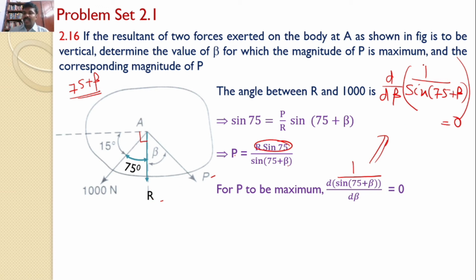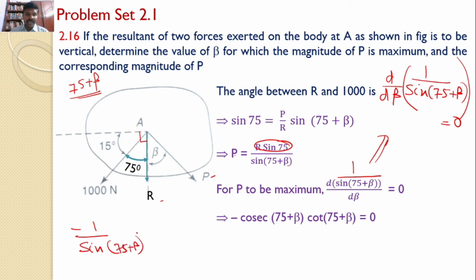What is d by d beta of 1 by sin (75 plus beta)? It is minus cosecant (75 plus beta) into cot (75 plus beta) is equal to 0. This you can rearrange. Minus cosecant I can consider as minus 1 by sin (75 plus beta) into cot (75 plus beta), which I can write as cos (75 plus beta) divided by sin (75 plus beta).